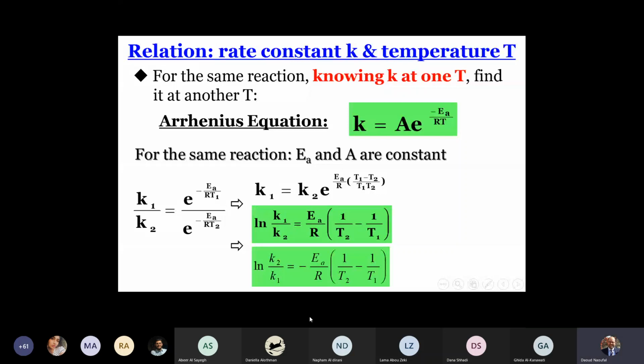You can use one of these relations. This is an important relation that allows us to calculate the rate constant at temperature T2 if we know the rate constant K at temperature T1.